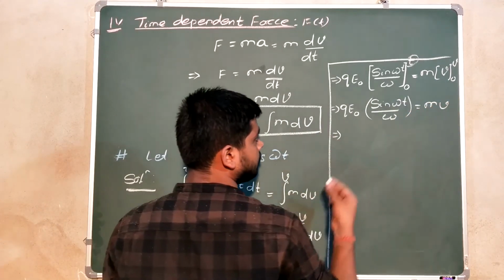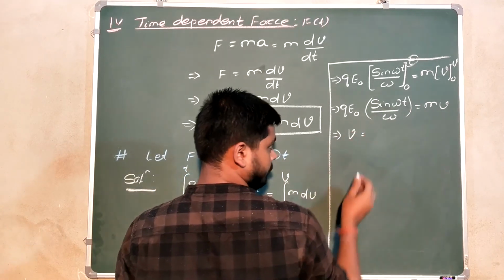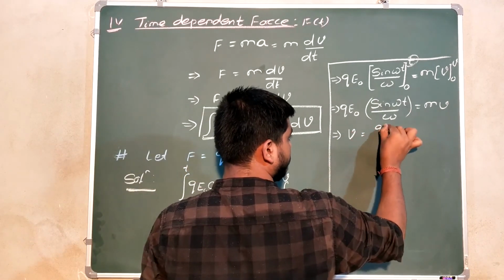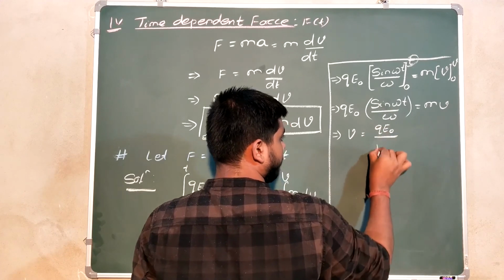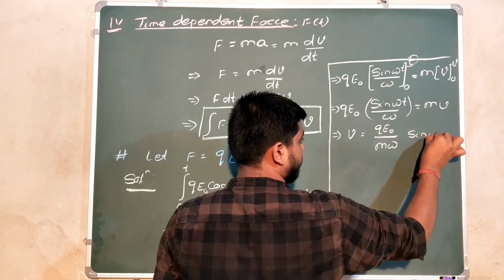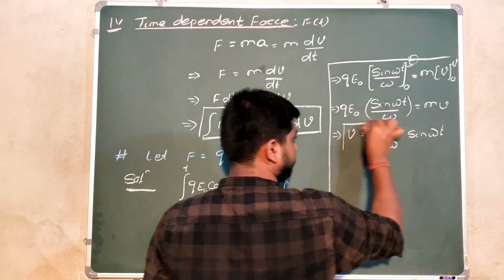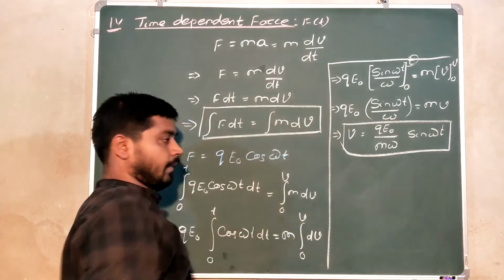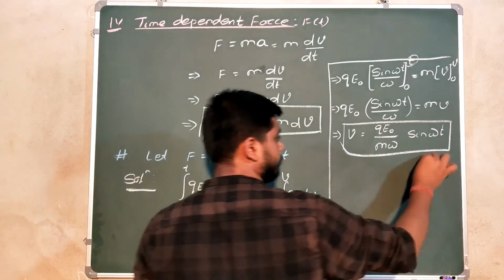That implies v equal to q E naught by m omega sin omega t. Yes or no? This is the answer.